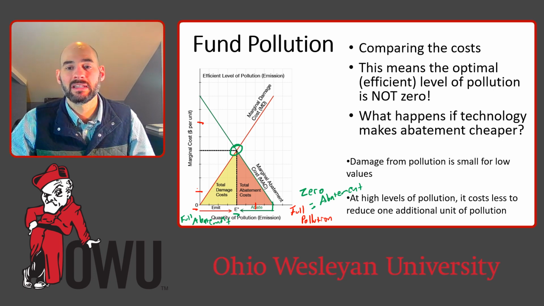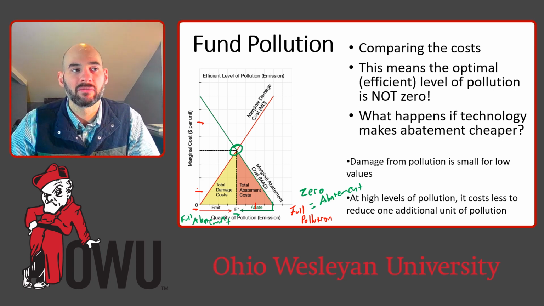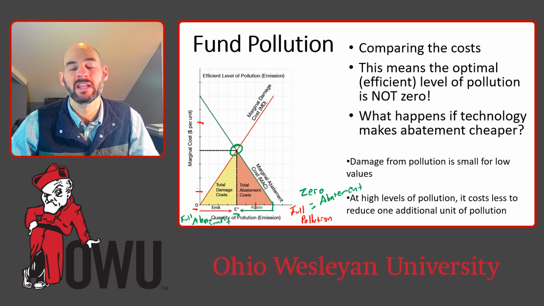And so this reinforces a point from a couple weeks ago, I think maybe last week, no, it would be from the video right before the first exam, where we thought about the optimal efficient level of pollution not being zero. And that is largely in part because there is a cost to reducing pollution.